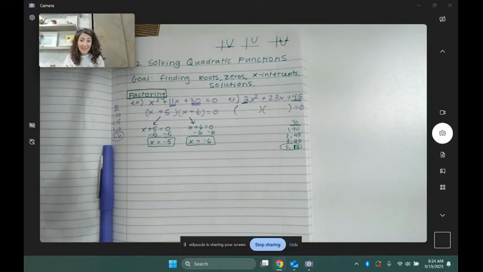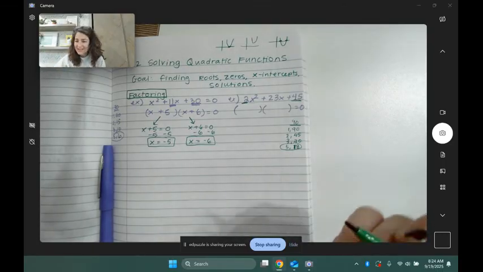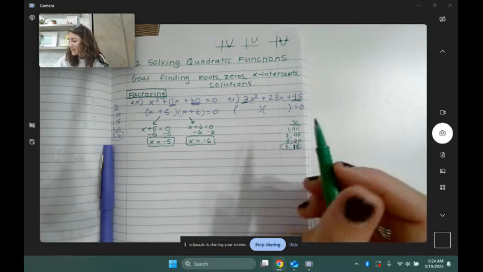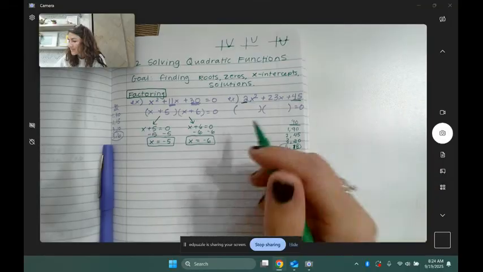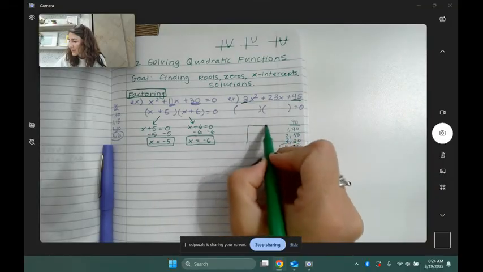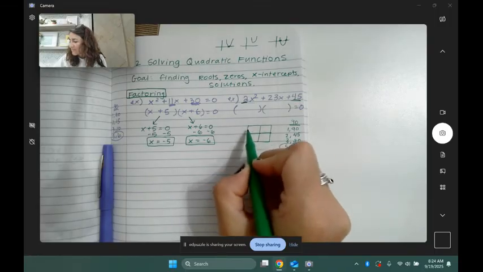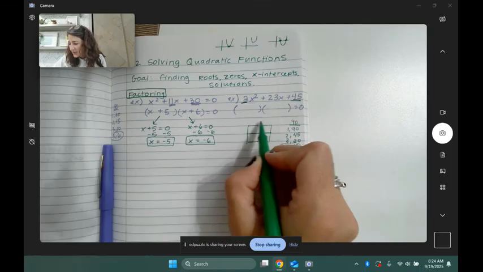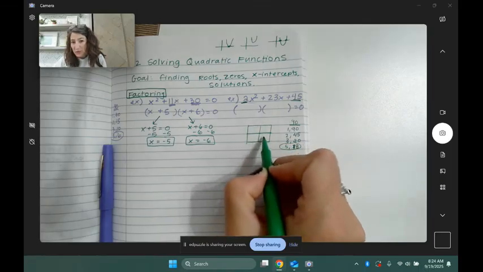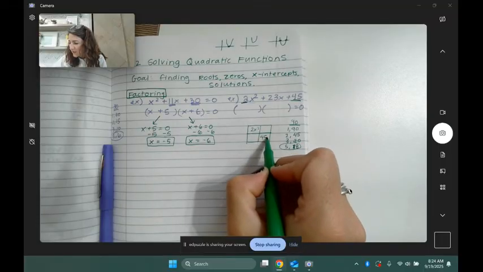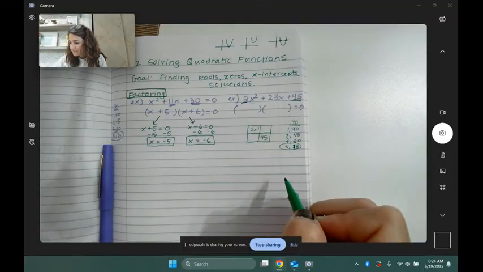So then once I get that, a couple different methods here. I kind of like the box method. Let's see, I might be going a little fast. This is where, if you were to multiply one factor and the other, this would be your solution. So 2x squared is going to go here. 45 will go there.